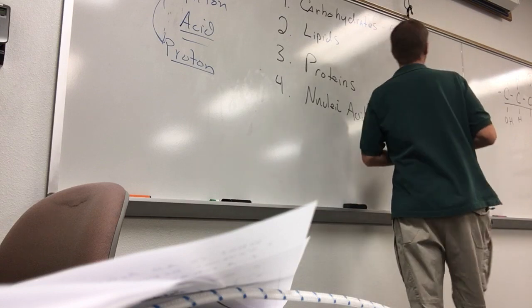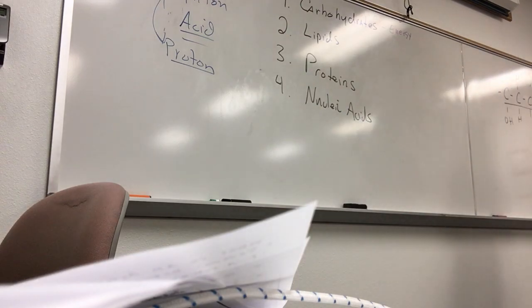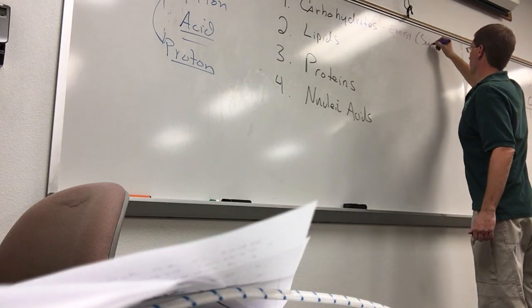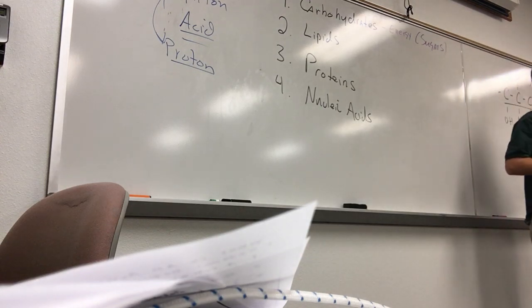And what is the high energy molecule that our body uses for fuel? Carbohydrates are turned into this. What is the fuel that runs our cells? Sugar is a carbohydrate, right? Carbohydrates are sugars. Sugars are a type of carbohydrate.